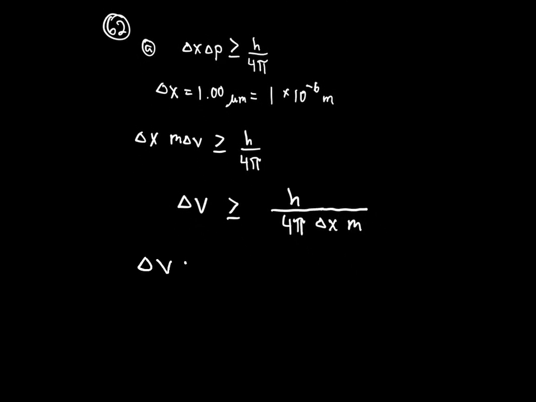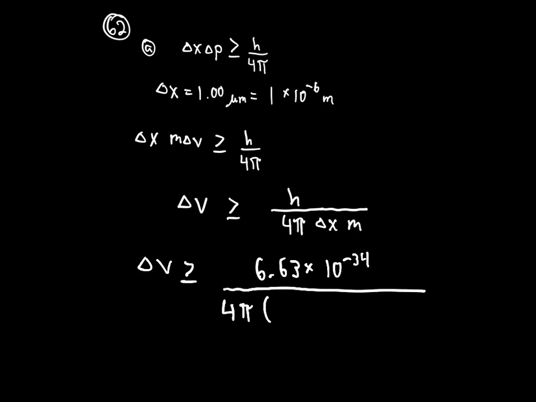So delta v is greater than or equal to h, where h is 6.63 times 10 to the negative 34, divided by 4 pi times delta x, which is 1 times 10 to the negative 6, times m. Ooh, m is the mass. What's the mass?